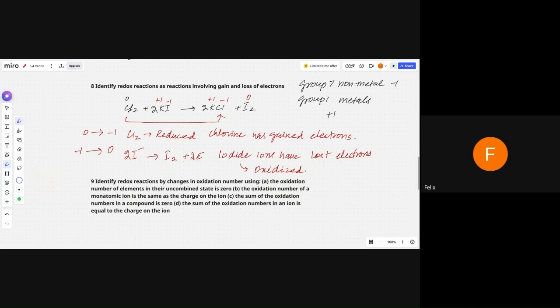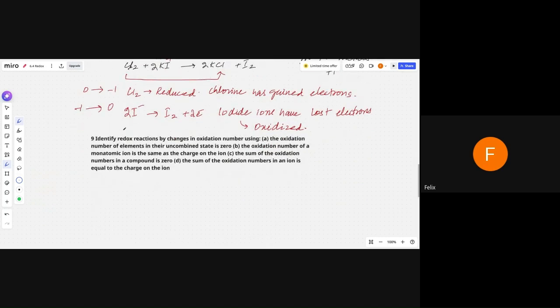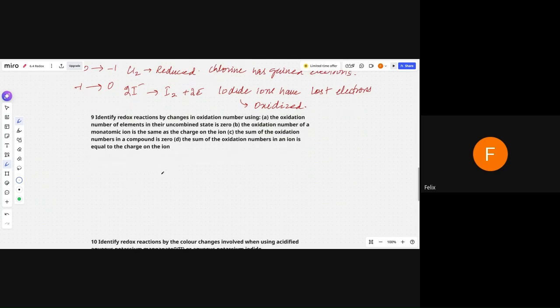This is very important to understand this entire topic. It should be the first topic, but they have added it here. So let's try to understand.